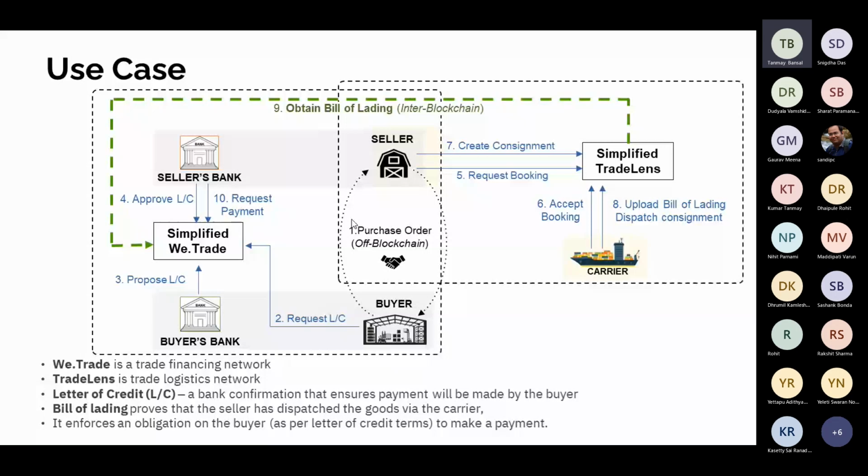So we.trade is a trade financing network. It means that in this left hand side SWT network, we have the notion of a buyer, a seller, a buyer's bank and a seller's bank.